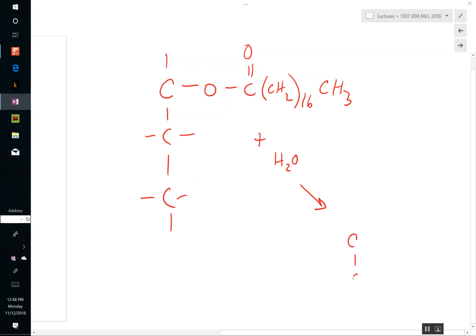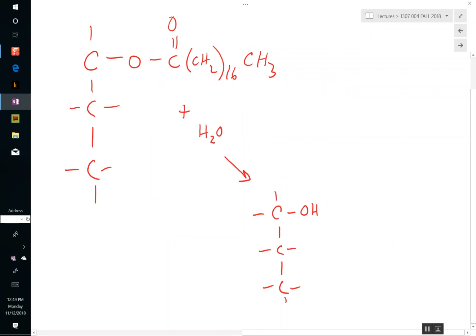Don't worry about this other part of the molecule right now. We're adding water, and what is water? H2O is HOH. Part of it is an H, the other part of it is an OH.